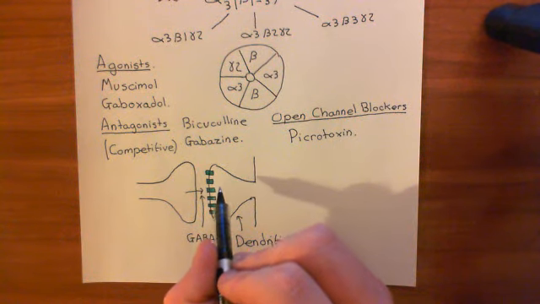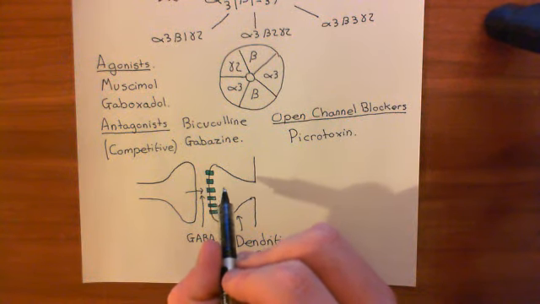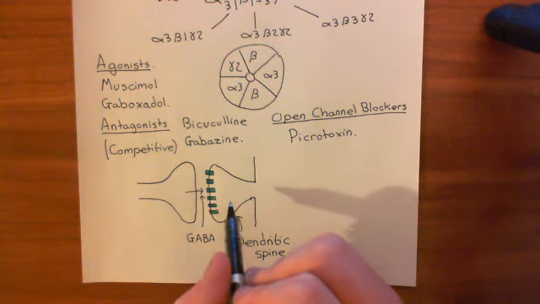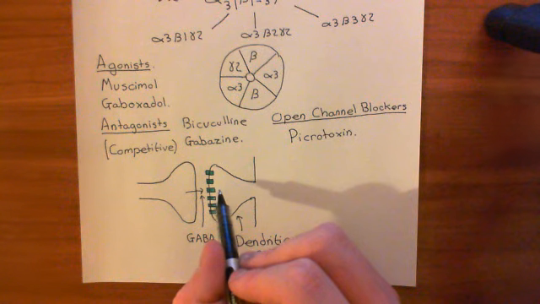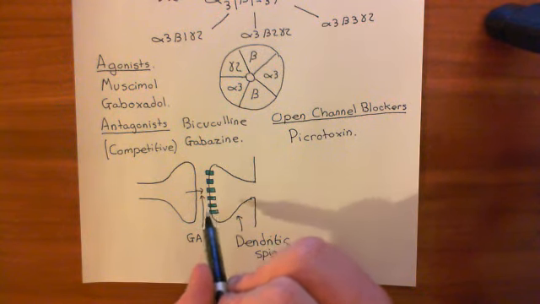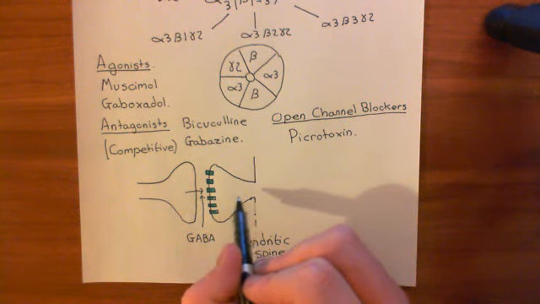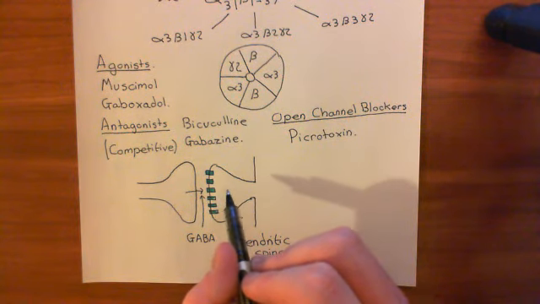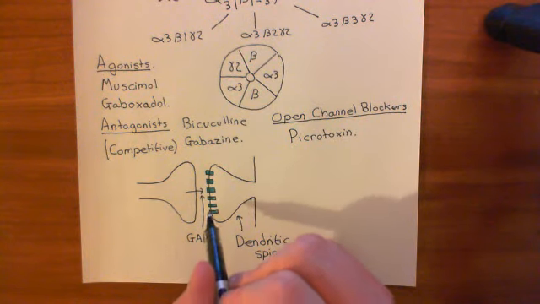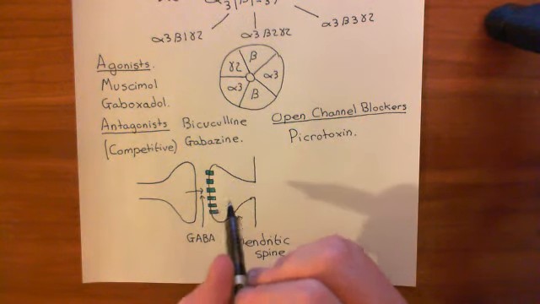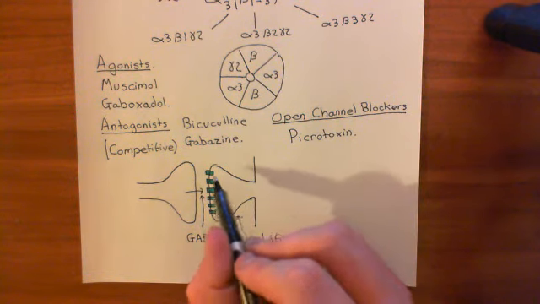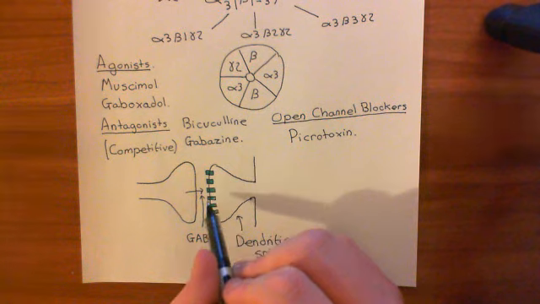So the inhibitory postsynaptic potential that you produce, the size of the hyperpolarization of the membrane, is going to be greater because you're going to allow in more chloride anions. The inhibitory postsynaptic current is greater, so the inhibitory postsynaptic potential is greater, and that has potentiated the GABAergic transmission. It's made this neuron less likely to fire an action potential because the hyperpolarization has increased.